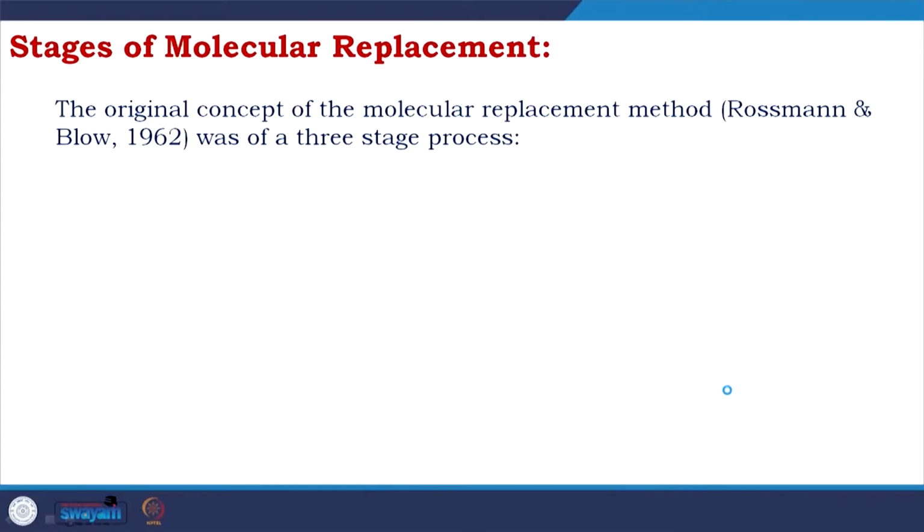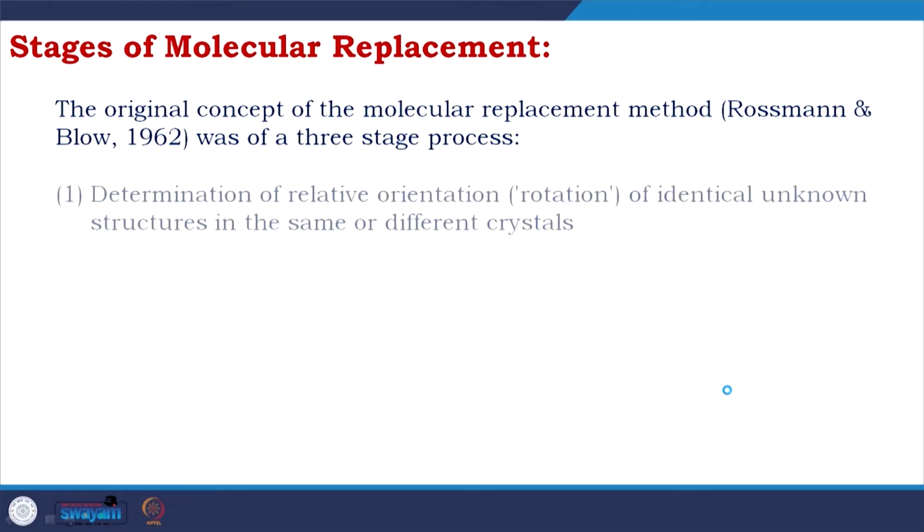The original concept of the molecular replacement method was a 3-stage process, by Rossmann and Blow in 1962. First, determination of the relative orientation, the rotation, of an identical unknown structure in the same or different crystal.